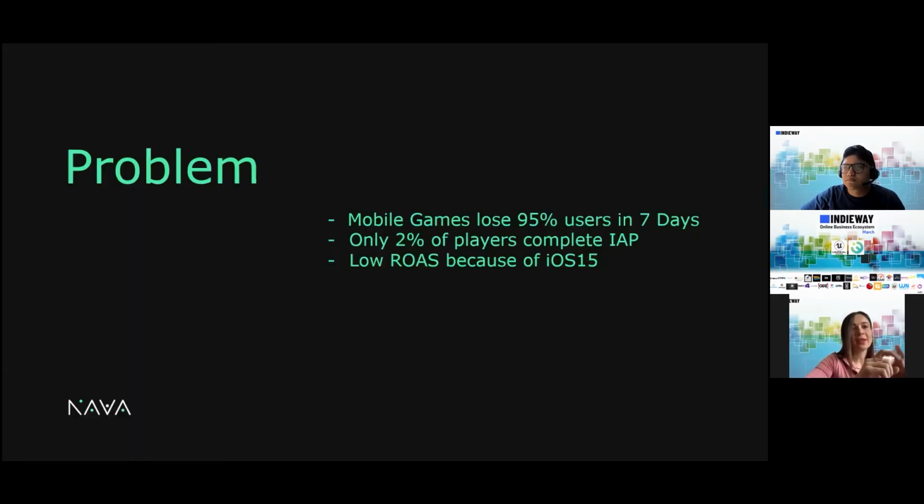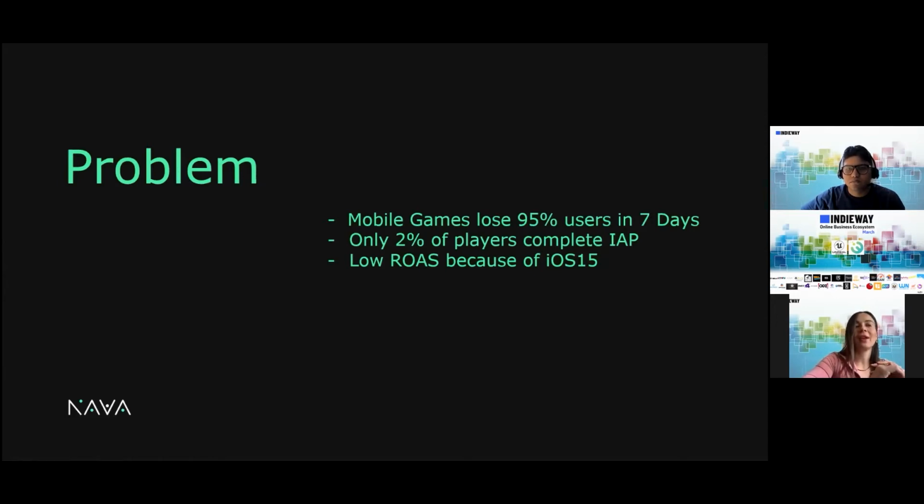As far as I know, the most related problem of the mobile game industry is the churn of players, because most games lose 95% of their players in 7 days. For the in-app purchase part, maybe some genres and some game companies are lucky, but the rest are not, because only 2% of players make in-app purchases.